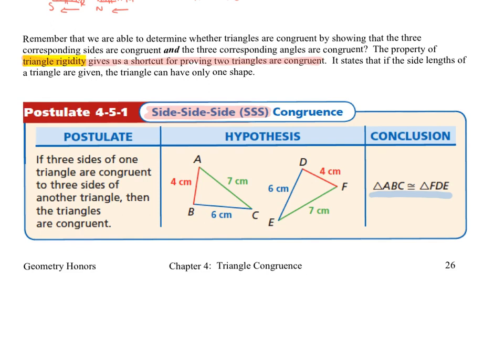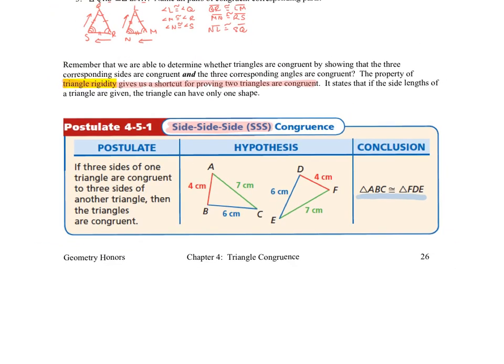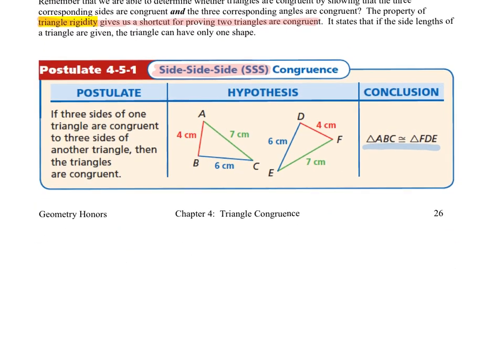But I want you to understand that without knowing the angle measures, we can actually know for sure that these triangles are congruent by the shortcut, SSS. If three sides of one triangle are congruent to three sides of another triangle, then the triangles are congruent.